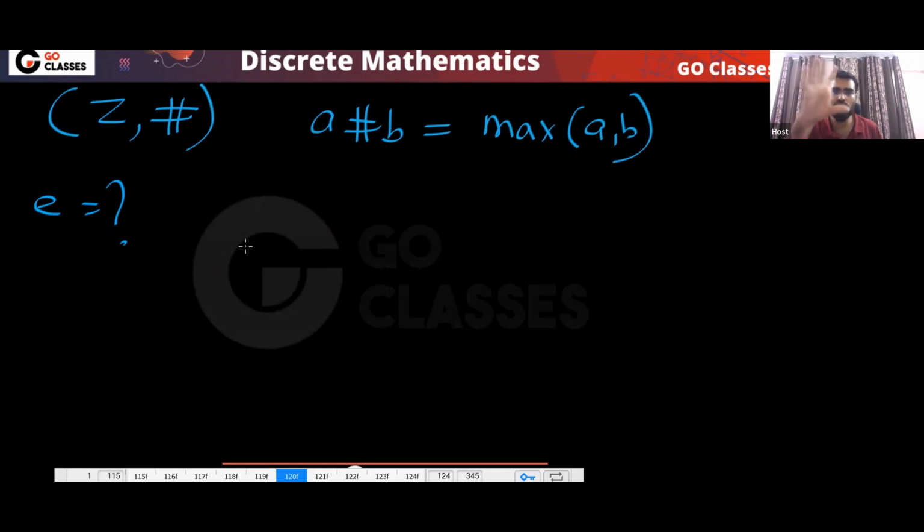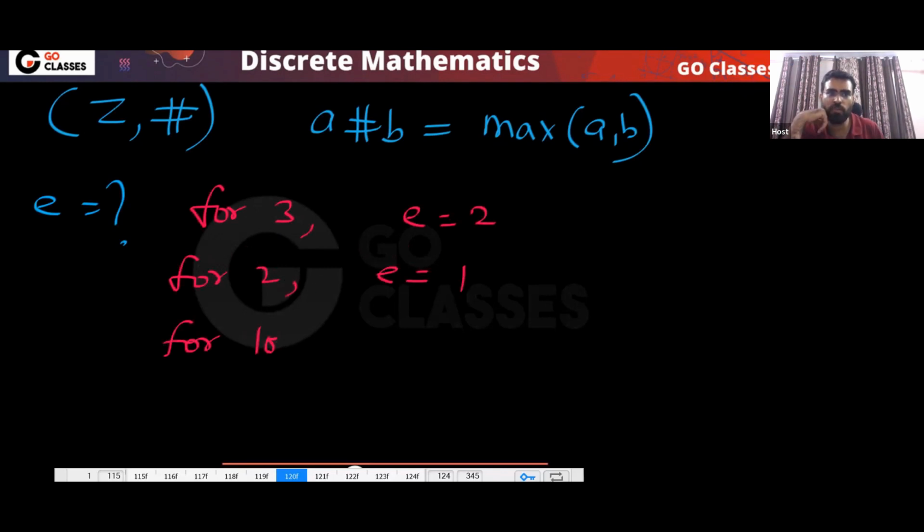Wait, let me give you the identity element. For 3, I can give you identity element as 2. For 2, I can give you identity element as 1. For minus 10, I can give you identity element as minus 13. Is this correct?